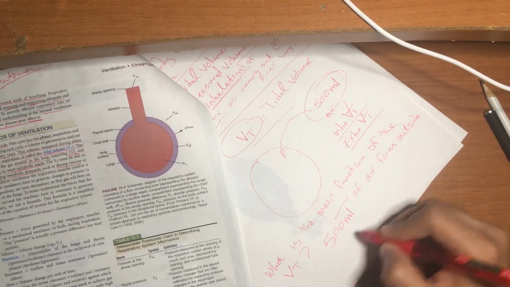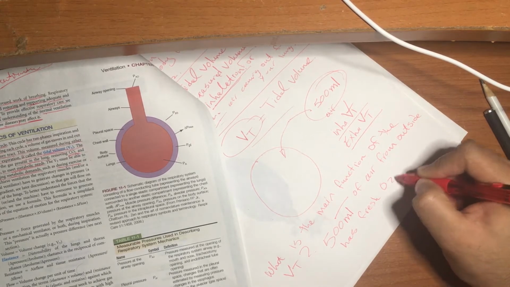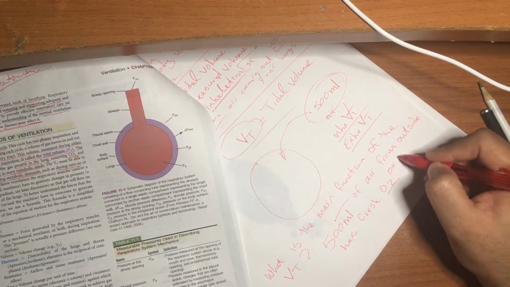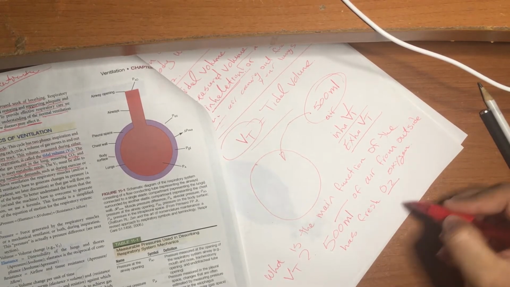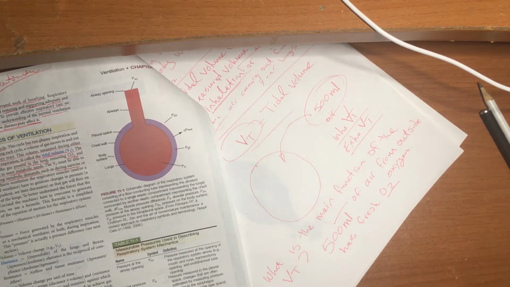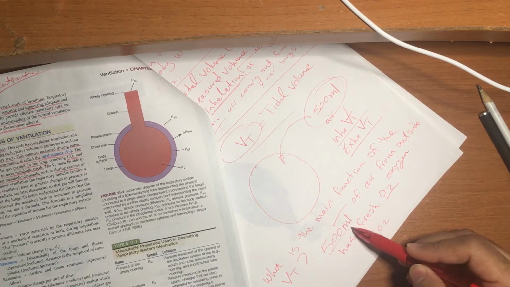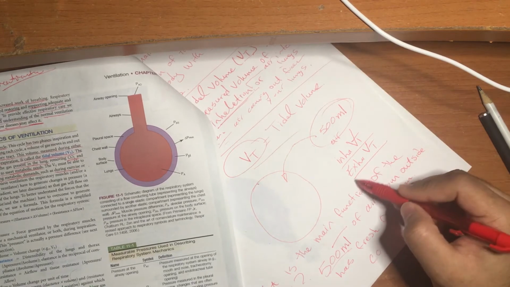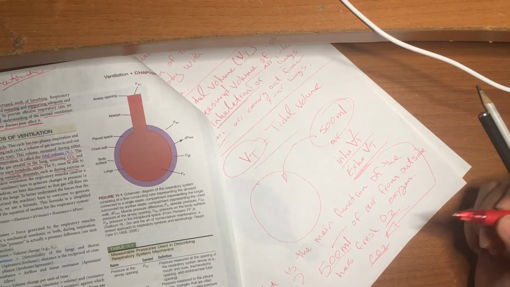This 500 ml of air has fresh oxygen, O2. O2 stands for oxygen, correct? And then CO2 is a byproduct that is produced in the blood. So you inhale, your tidal volume delivers oxygen, and then the exhaled tidal volume will take out the CO2, correct?